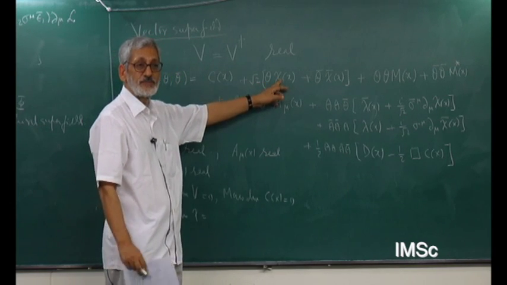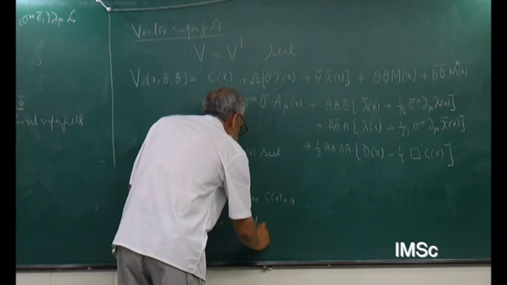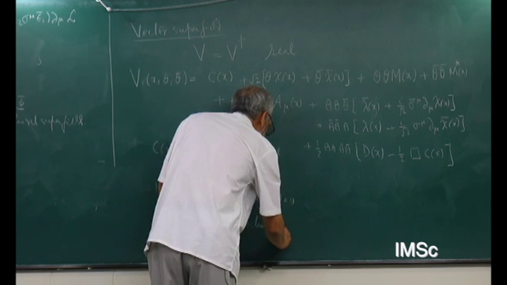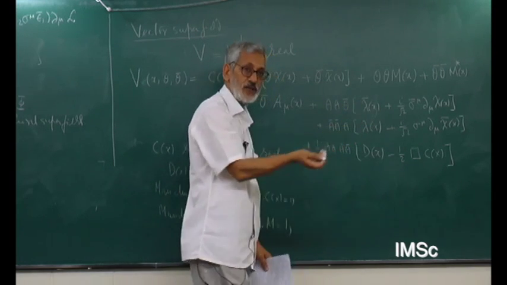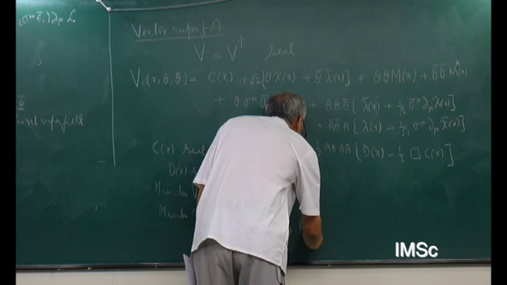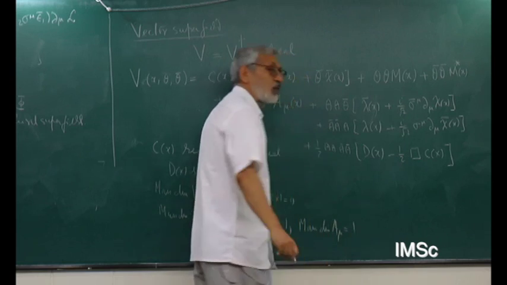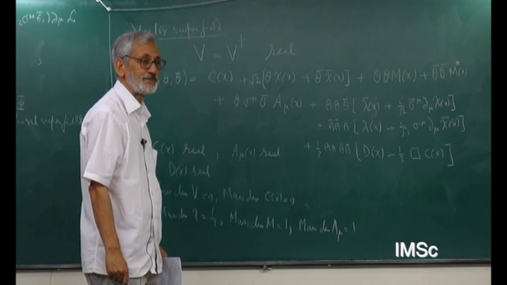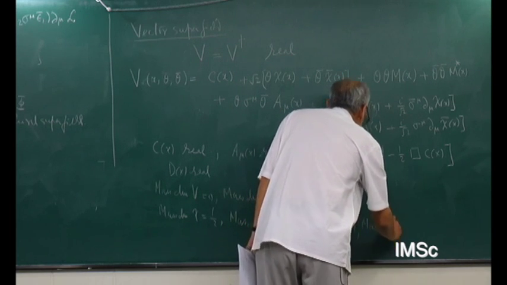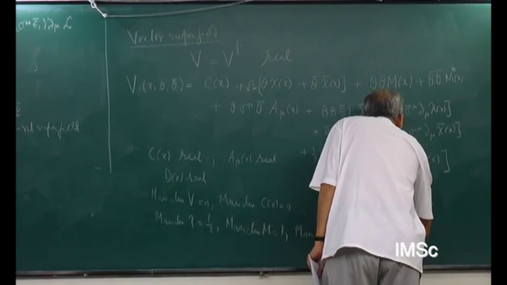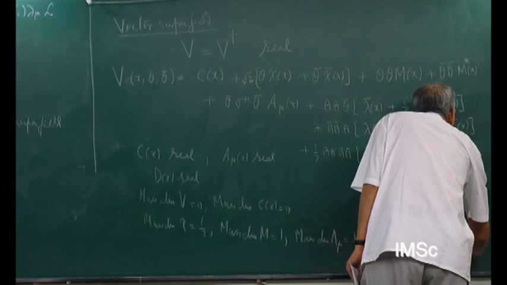Minus half. Mass dimension of M, 1. M star is also 1, M is complex conjugate. Mass dimension of A mu, plus 1. Mass dimension of, then what is the next one? Lambda, right? Lambda 3/2. And mass dimension of D.